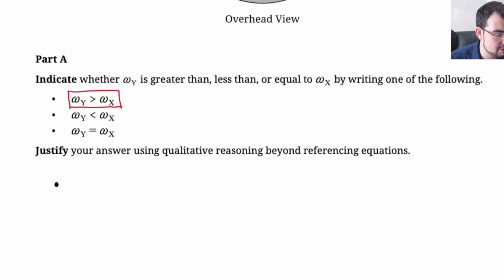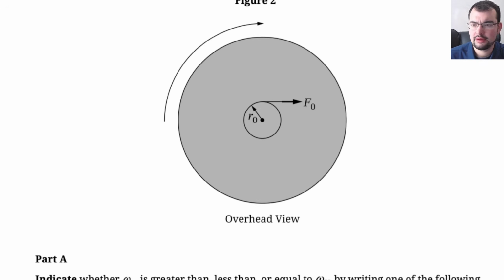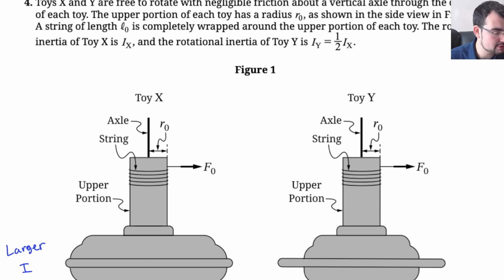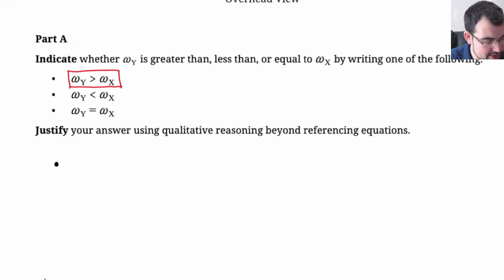What is causing the rotation? Well, it's the torque. So notice torque, which is RF, is the same for both toys. It's the same string, same radius, same force, same everything. So we have the same torque on each toy.